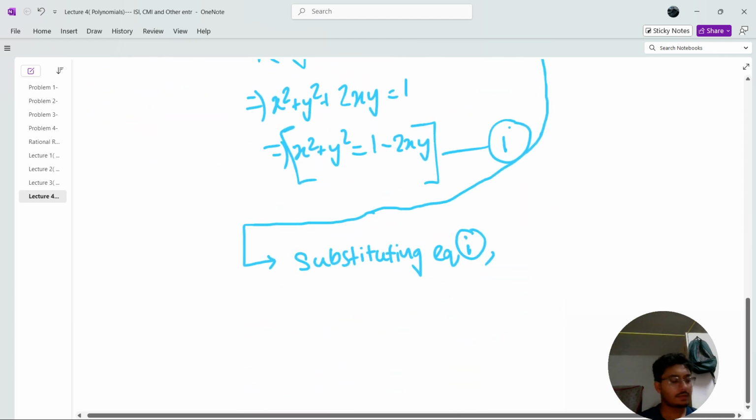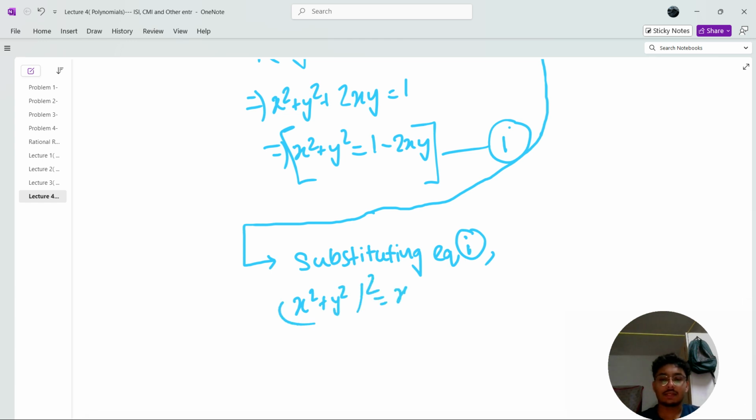What's my equation here? x square plus y square whole square is basically x to the power 4 plus y to the power 4 plus 2x square y square. Putting in 1, what can I write?